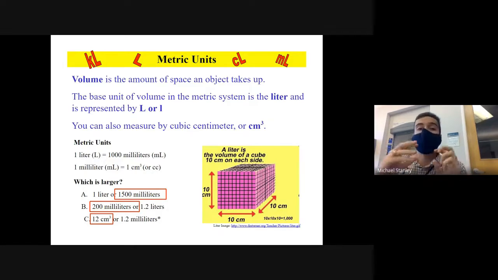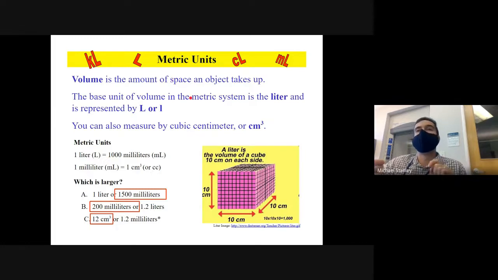Even in America, scientists do not use the English system or the American system. So in a science lab, you'll never see anybody recording things in pounds or feet or square inches. It'll always be using these SI units, these metric units, some form of meters, grams, or liters.